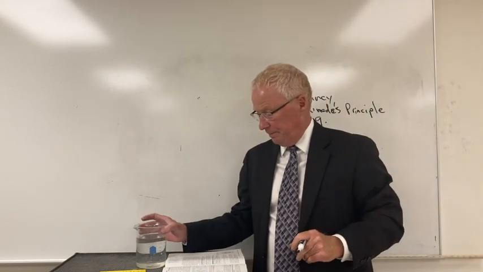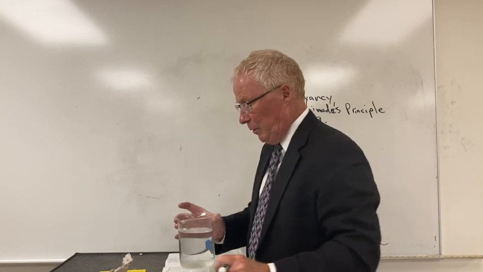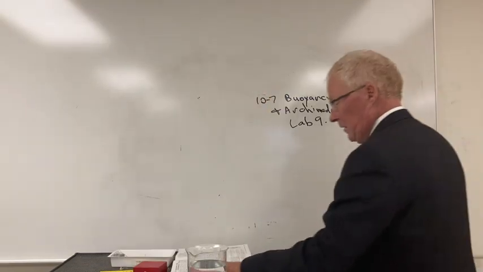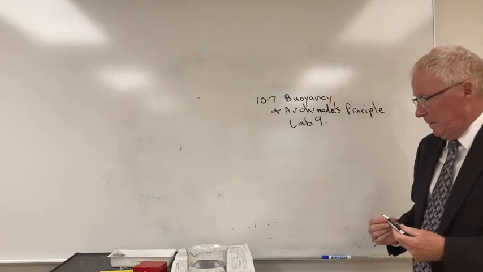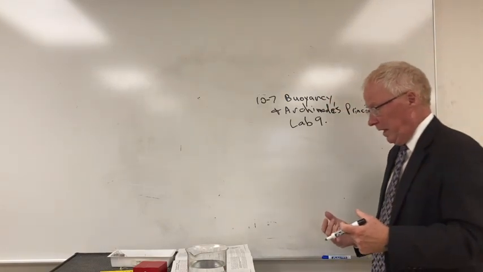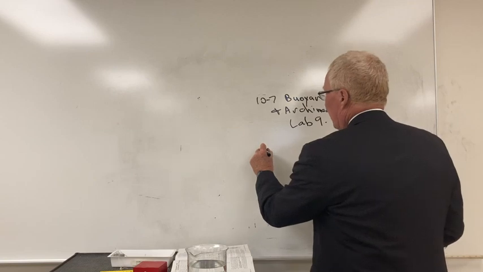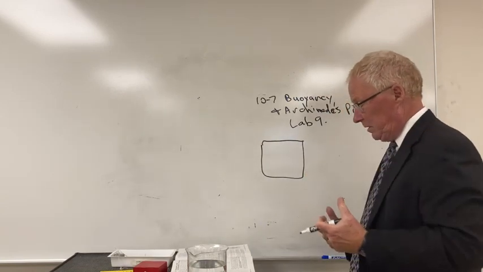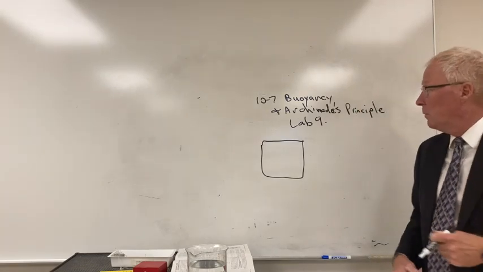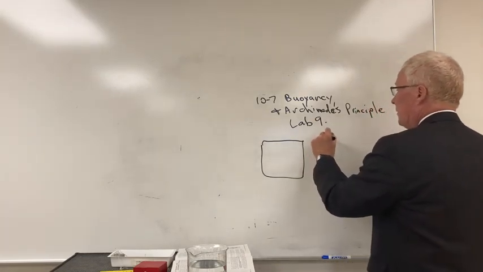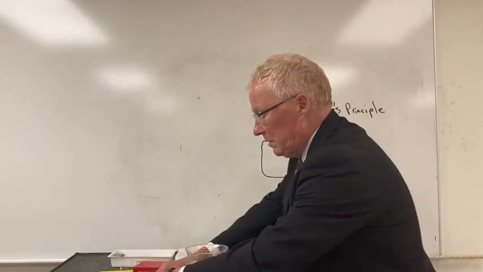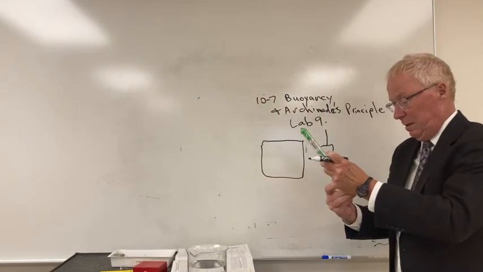All right, Archimedes Principle is, all right, so for Archimedes Principle, again, the basis of lab is that what Archimedes realized back in the 2nd century BC was that if we have an object, we weigh an object in air, such as this brass cylinder.